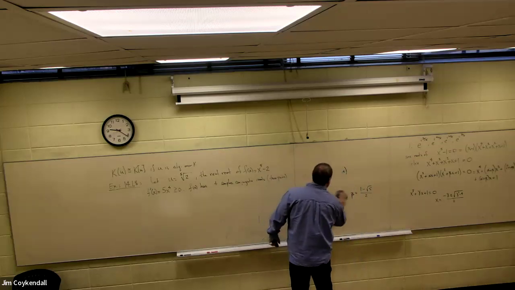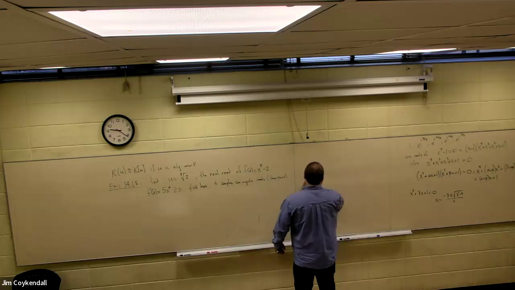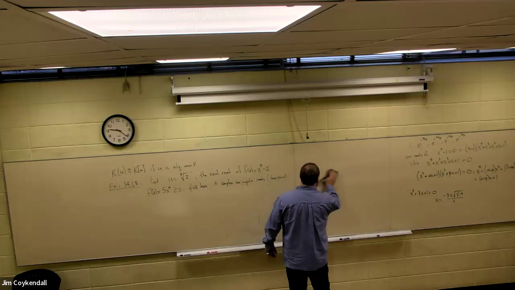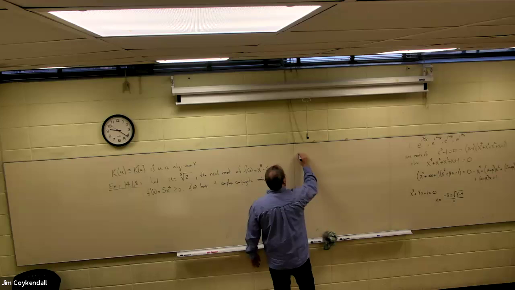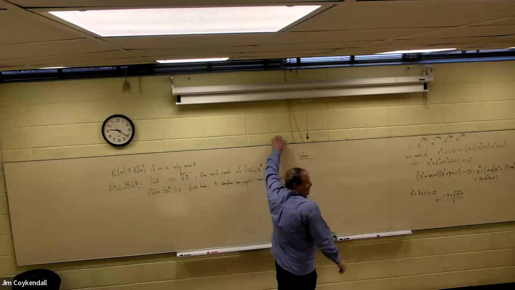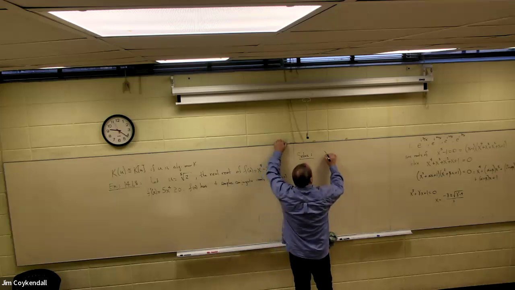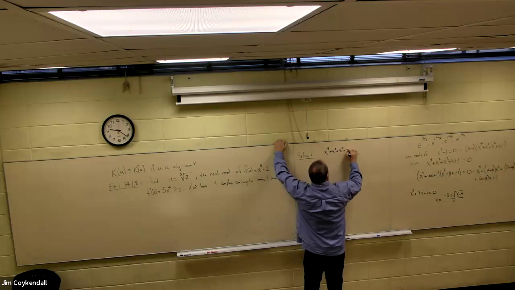So my solutions here are solutions to x to the fourth plus x cubed plus x squared plus x equals 1.